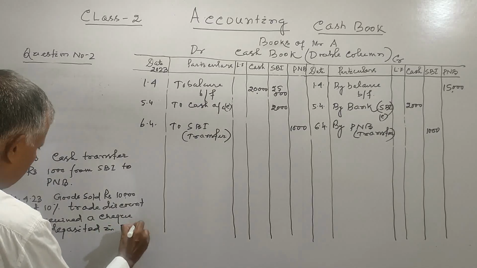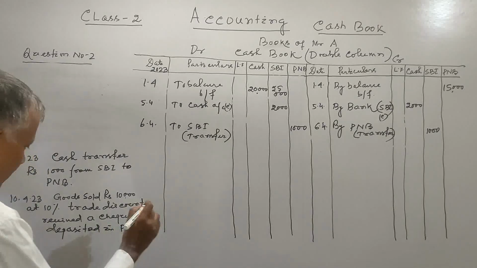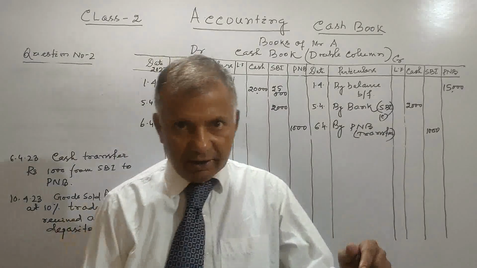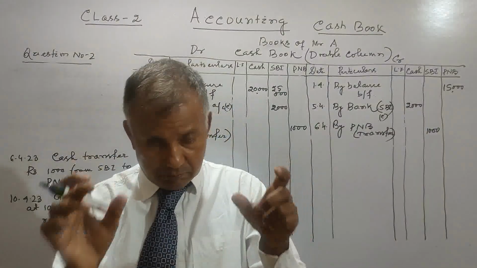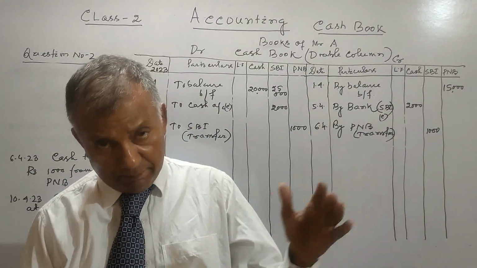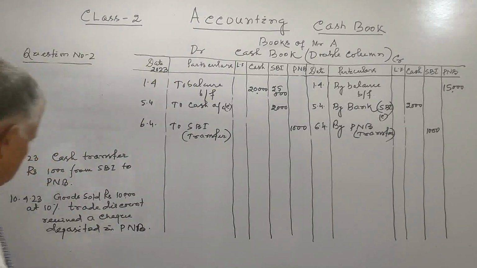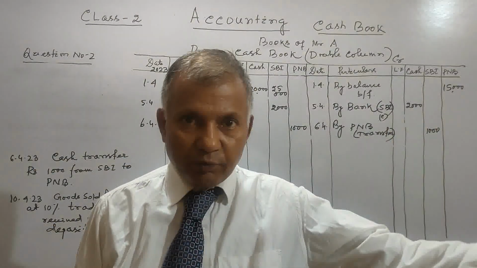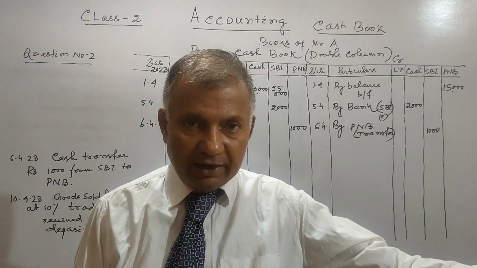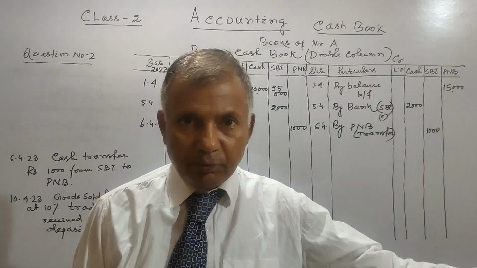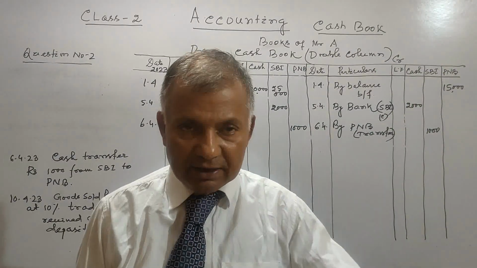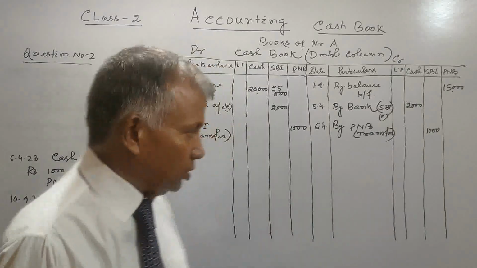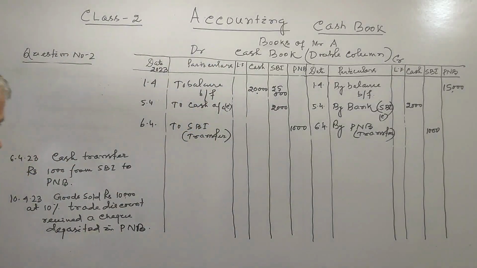in PNB. Friends, when you are getting a check from a customer, from a purchaser, you can deposit the check in your SBI account. You can deposit the check in your Punjab National Bank account. So he has deposited the check in Punjab National Bank.